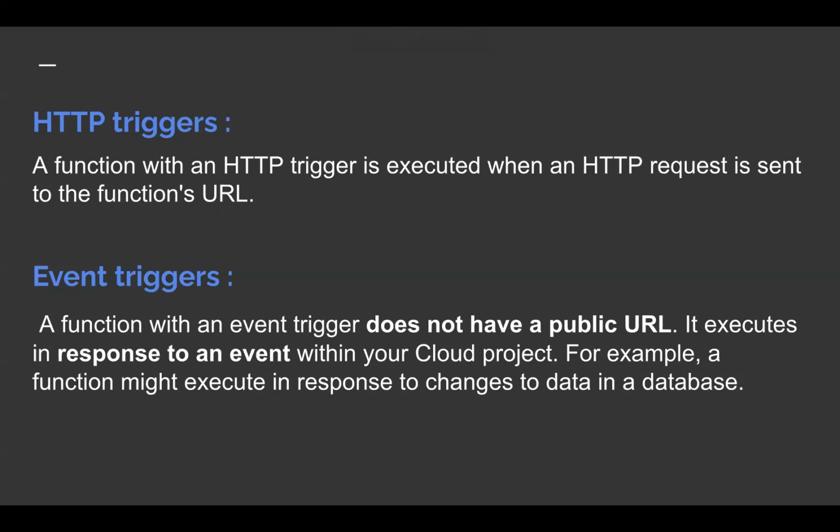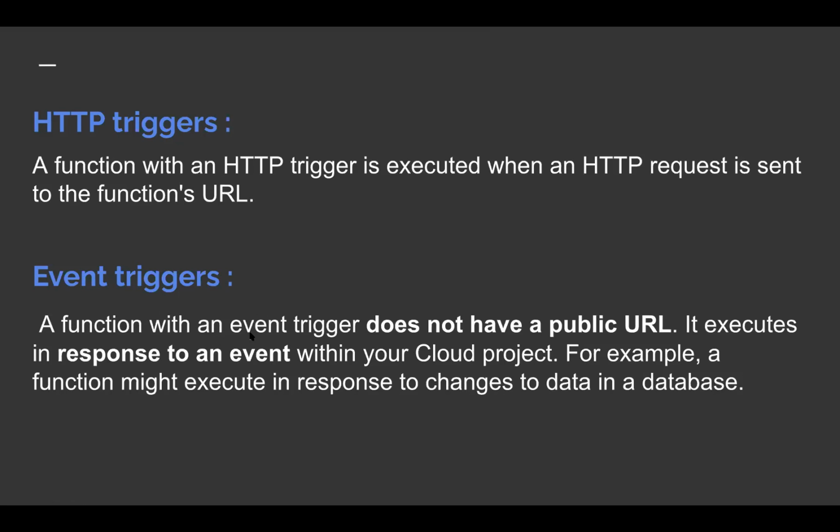So cloud storage will send an event to the cloud functions. If we have something to do on that particular event, we can write a cloud function, and whenever any file is inserted in the cloud storage, the cloud function will perform accordingly whatever logic we have written over there.